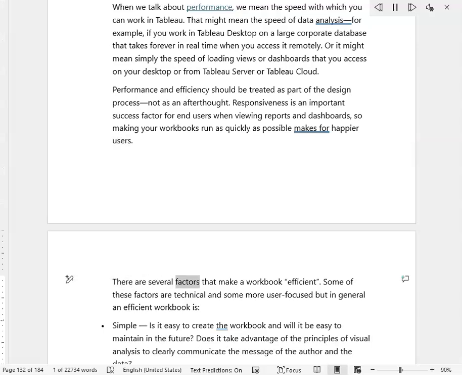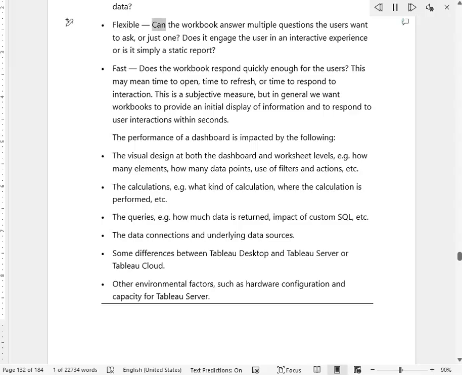There are several factors that make a workbook efficient. Some of these factors are technical and some more user-focused, but in general, an efficient workbook is simple. Is it easy to create the workbook, and will it be easy to maintain in the future? Does it take advantage of the principles of visual analysis to clearly communicate the message of the author and the data? Flexible: can the workbook answer multiple questions the users want to ask, or just one?